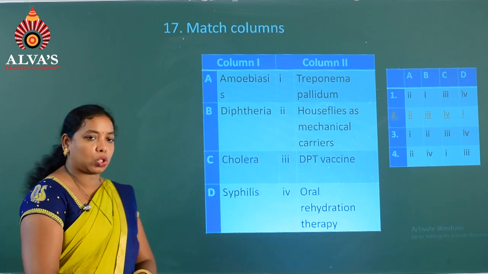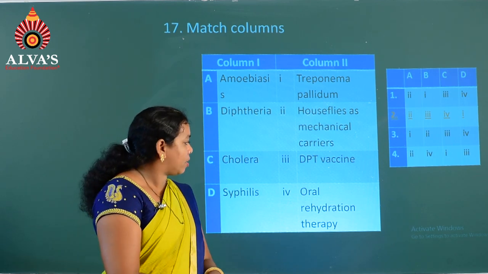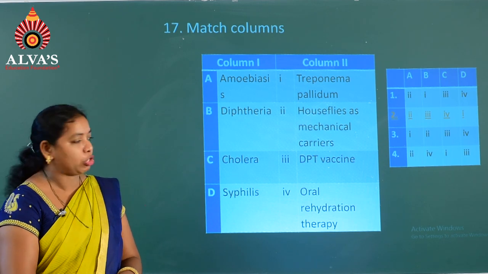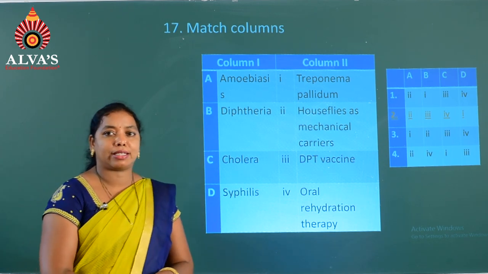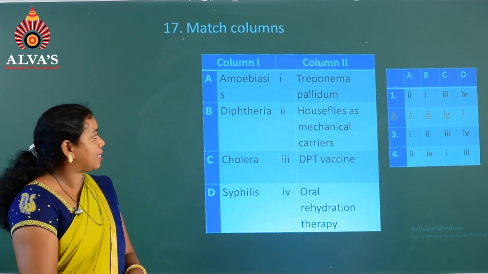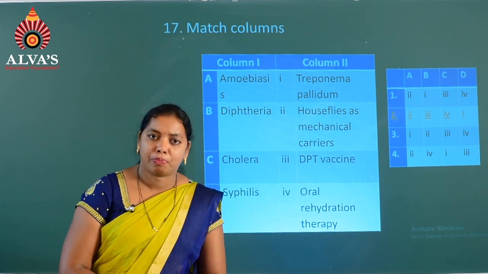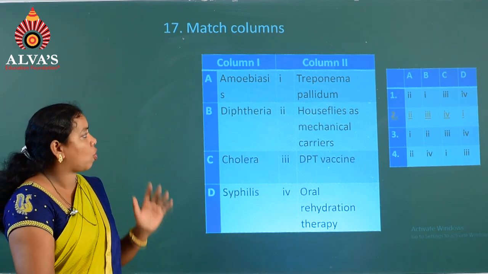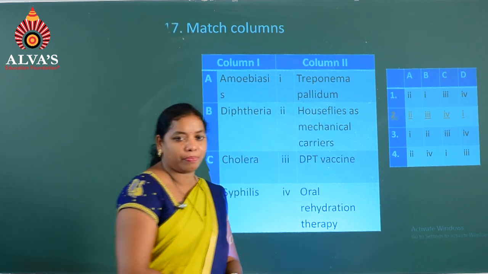The third one is cholera, a bacterial disease where oral rehydration therapy is used. Syphilis is an STD caused by Treponema pallidum. Hence the correct option for this match the column is the second one.